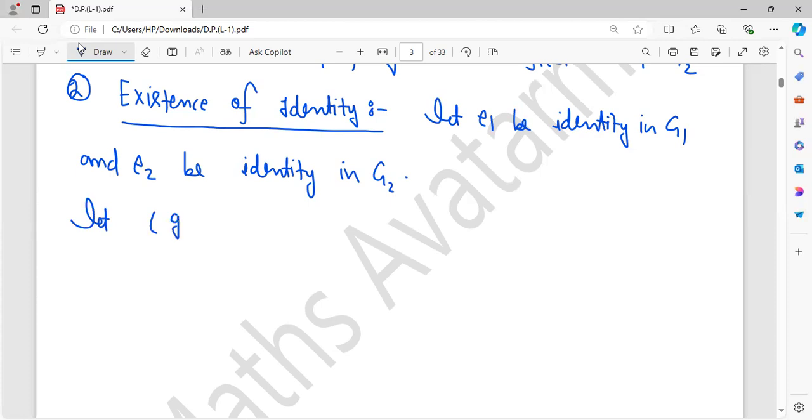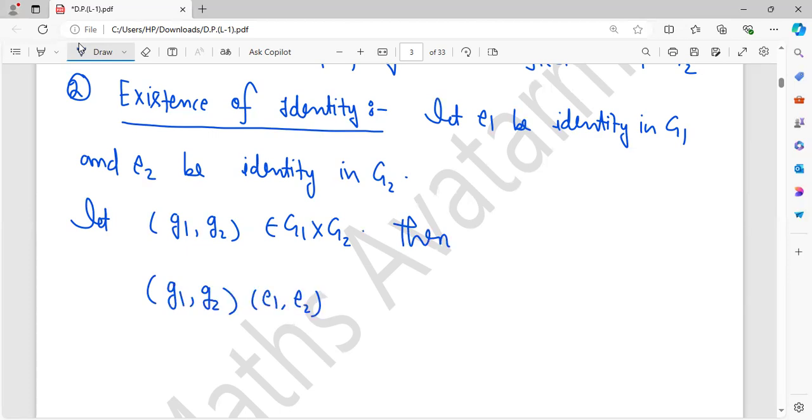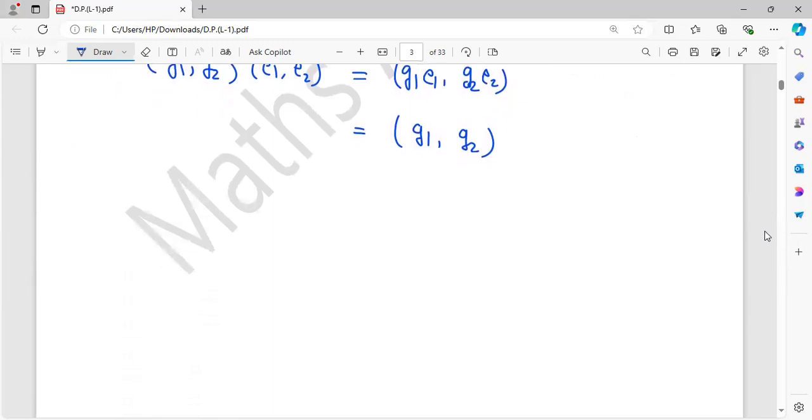Let (g1, g2) belong to G1 cross G2. Then what is this? (g1, g2)(e1, e2) is equal to (g1 e1, g2 e2). But this is nothing but (g1, g2), because e1 is identity in G1 and e2 is identity in G2. Okay.